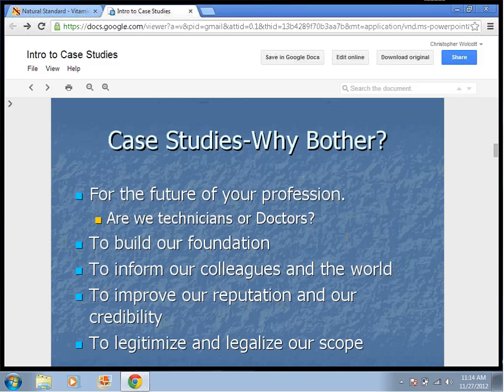And so while only a minority of you are interested in publishing research, case reports are a very, very easy way to get involved in scholarly activity and contribute to the scientific literature from your practice. It's hard to run clinical trials in your practice, but it's easy to run case reports and case series.